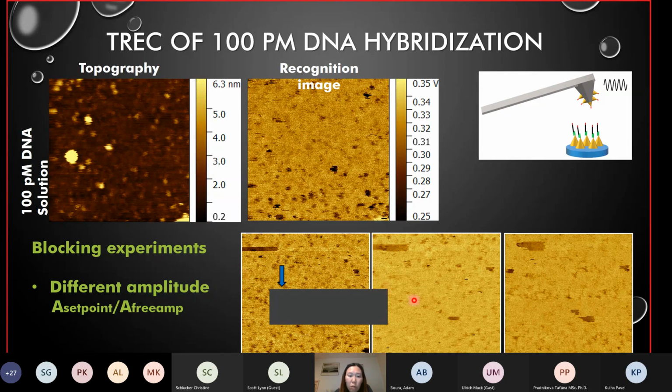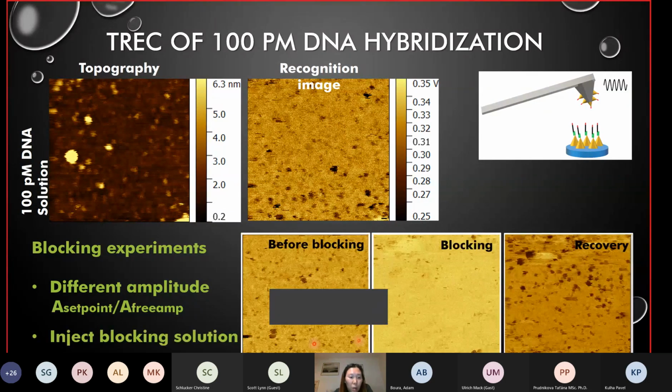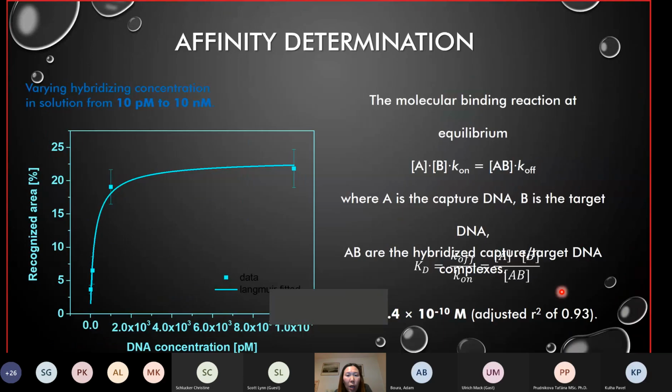When we have too low an amplitude or too large an amplitude, the recognition spots disappear. Also, when we inject the blocking solution, it basically blocks the tip part, and most of the recognition spots disappear. So blocking worked well. And when we washed it, most of the recognition spots recovered. So it shows quite good performance.